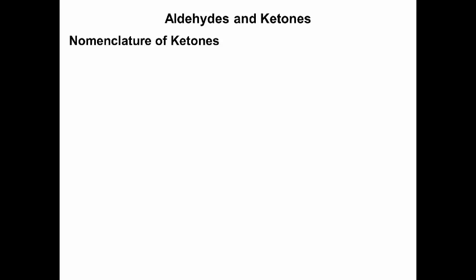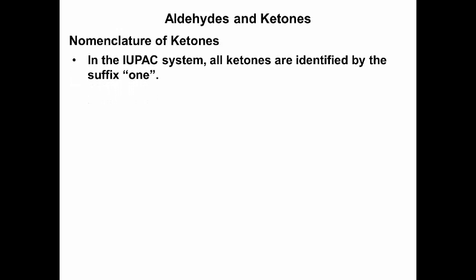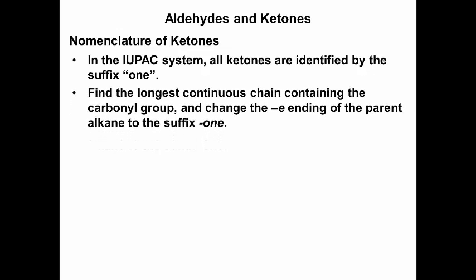Now we'll see the nomenclature of ketones. In the IUPAC system, all ketones are identified by the suffix ONE. Find the longest continuous chain containing the carbonyl group and change the E ending of the parent alkane to the suffix ONE.